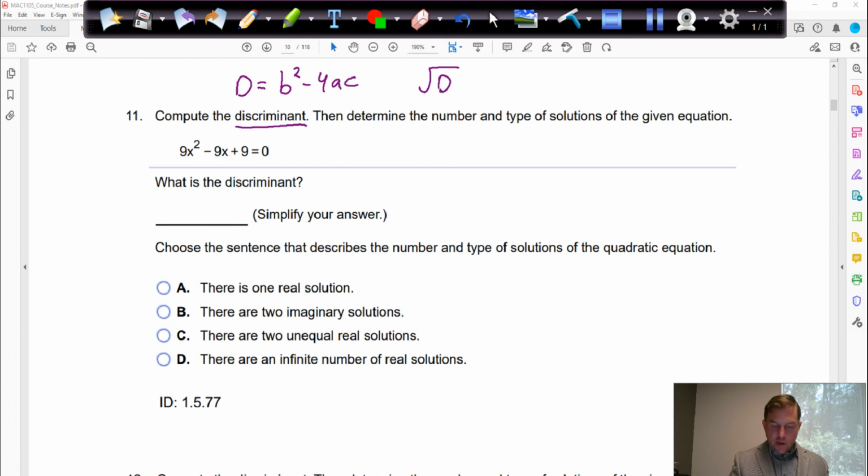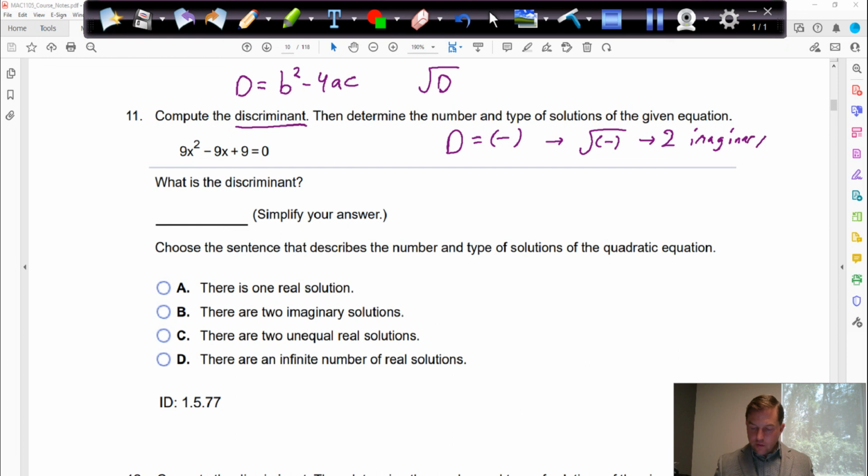So there's three possible things that can happen. If D becomes a negative number, then in the quadratic formula, you get the square root of a negative number. And if you get the square root of a negative number, then you're going to have two imaginary numbers for the result.